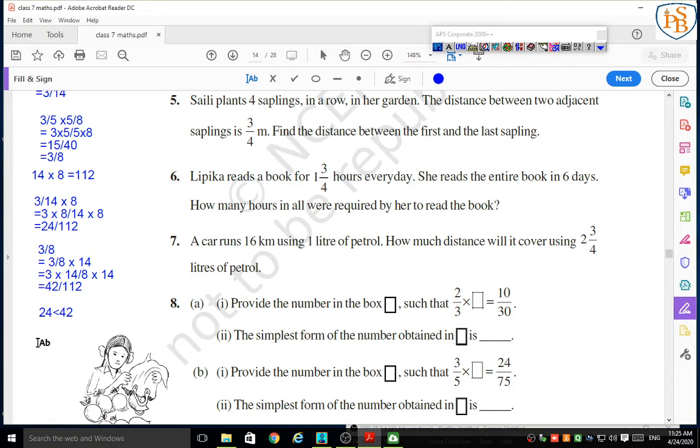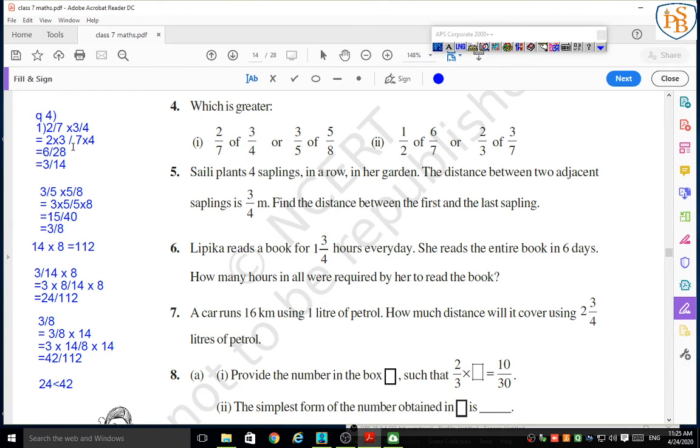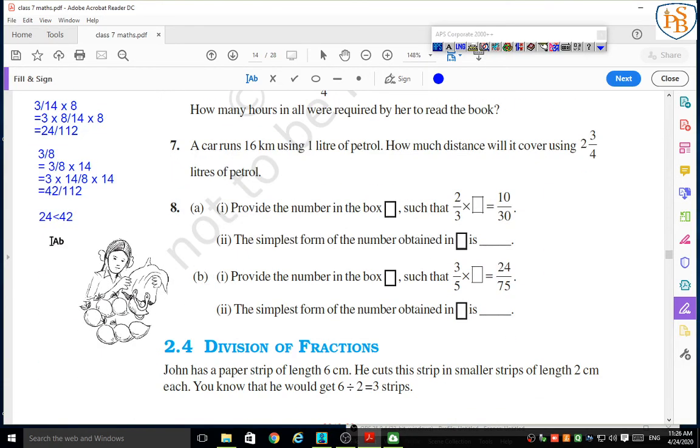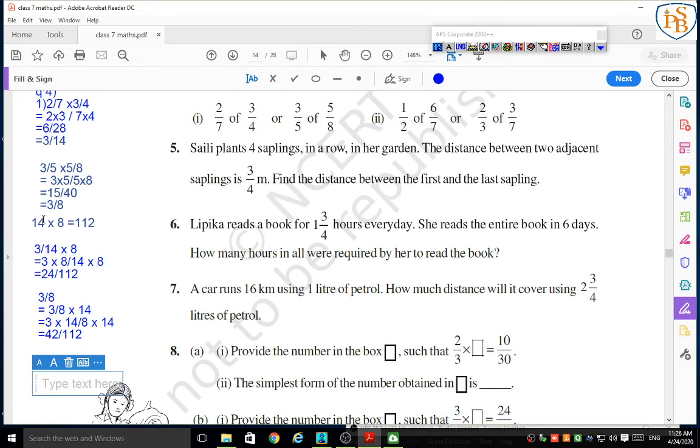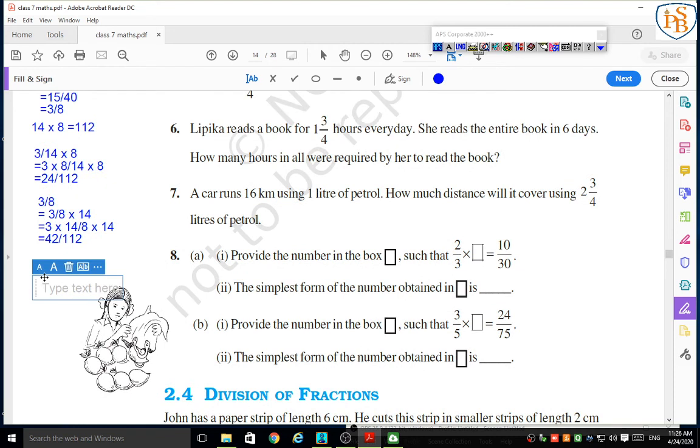So we can say that this 24 we get from 3 upon 14, and this 3 upon 14 we get from 2 upon 7 into 3 upon 4. So 3 upon 14 is smaller than 3 upon 8. Okay.